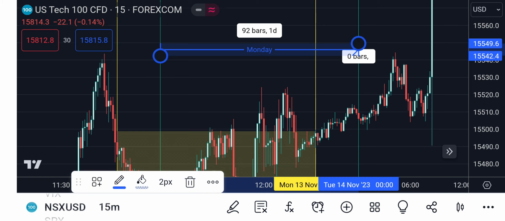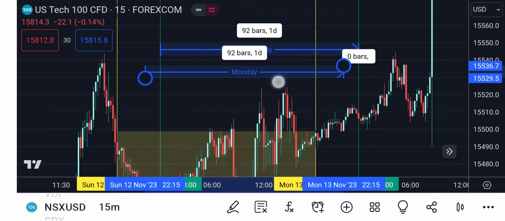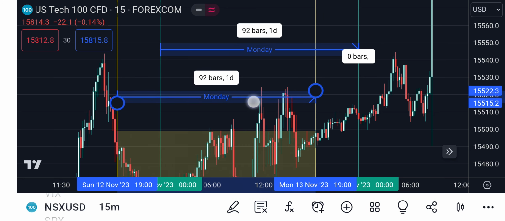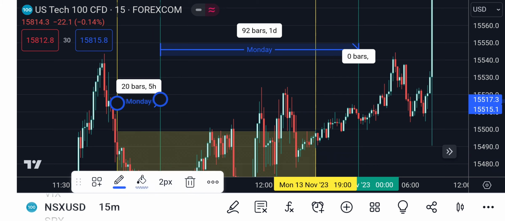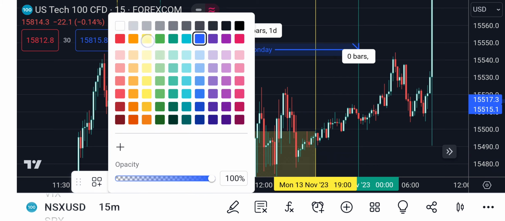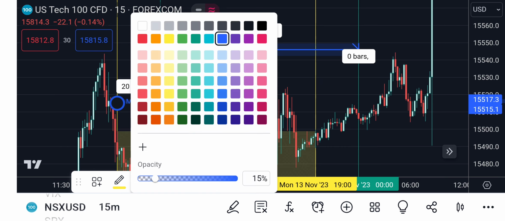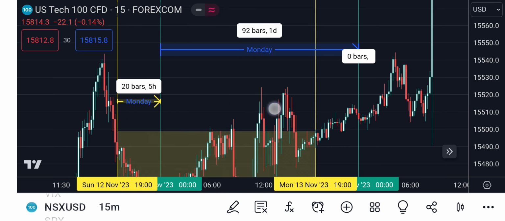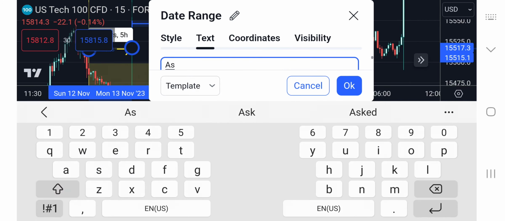And then this short range here, let me clone this, and from this range here, let's make it yellow as well. Say Asian range.